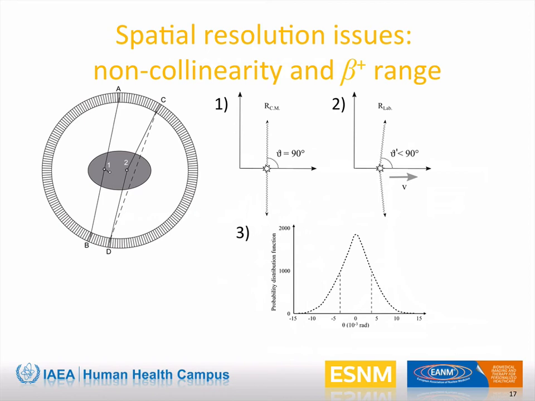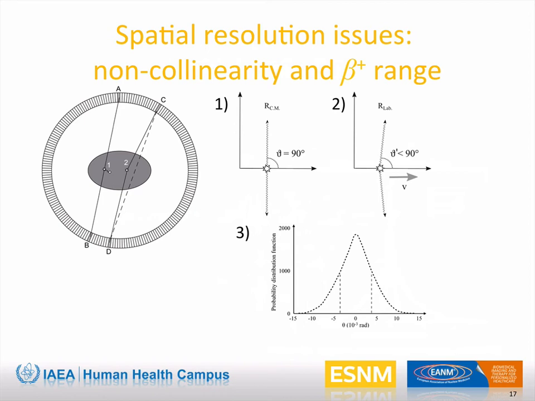Since in the laboratory reference frame the center of mass is not at rest, but travels with a velocity v, as in figure 2, the collinearity of the two photons will be lost due to the angle transformation from one reference frame to the other.